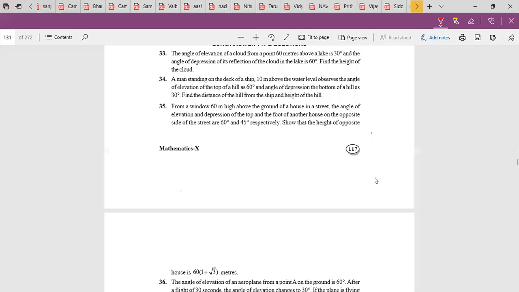Let me check. Diagram wrong, Anand. Then can you scroll down?